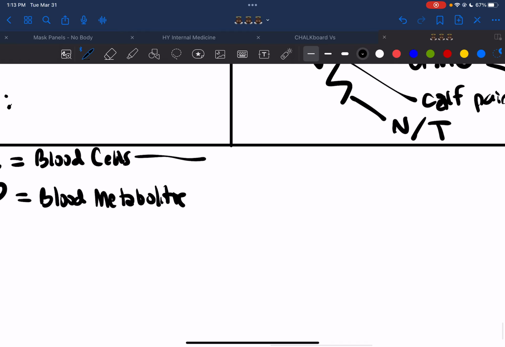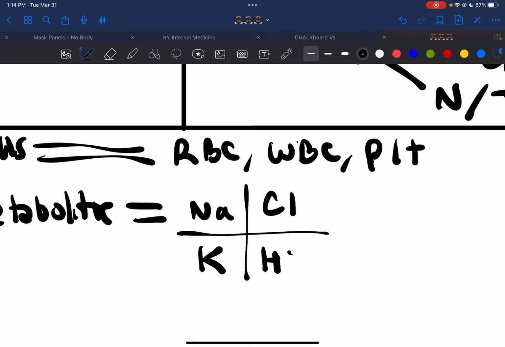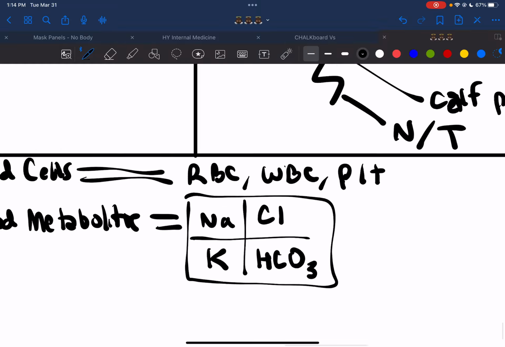In other words, this is going to be your red cell count, your white cell count, and your platelets. That's all it is. This one is going to be your electrolytes, which are extremely important. These are the basic important things that you pretty much always get because you always want to know: sodium, chloride, potassium, and bicarbonate or base.